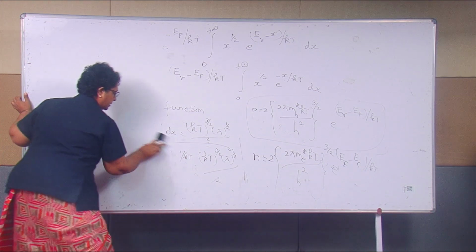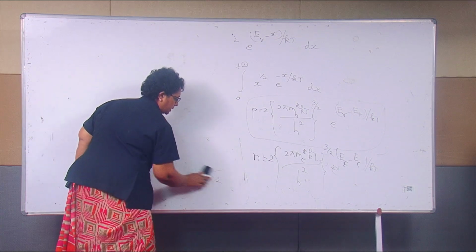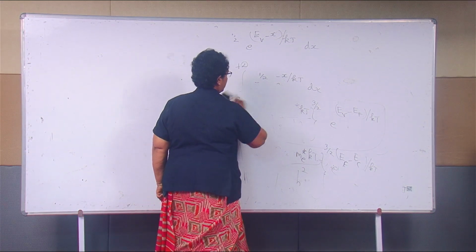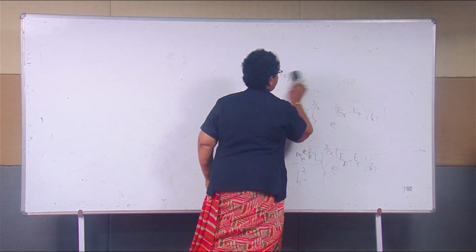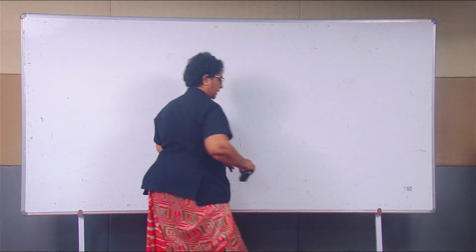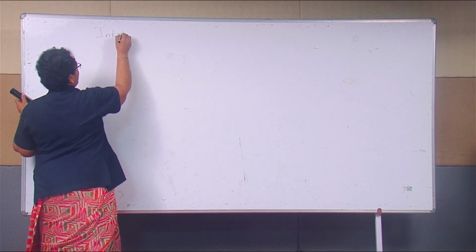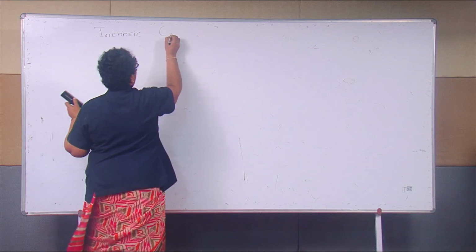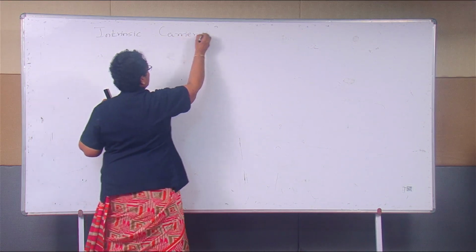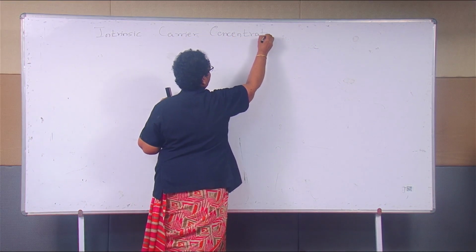What can be the total carrier concentration in this semiconductor? You can see the intrinsic carrier concentration. You have found the expression separately for electrons and separately for holes.